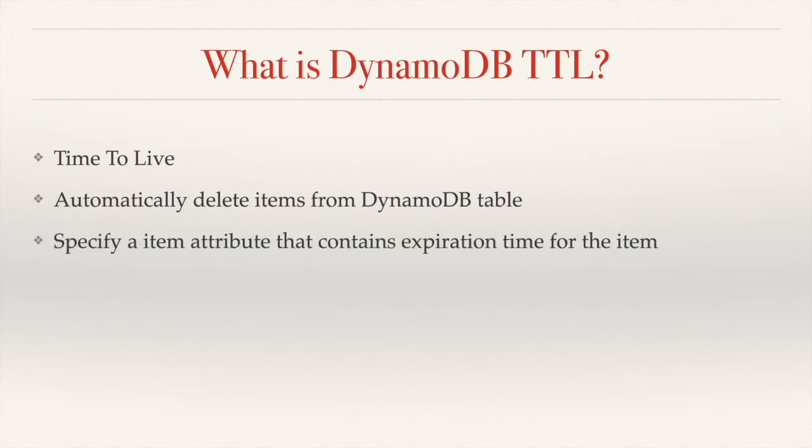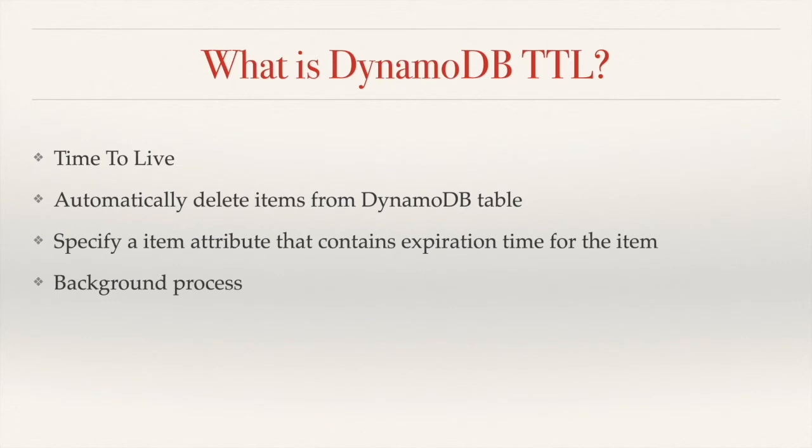For that, you have to specify an item attribute that contains the expiration time for that item. So you have to specify at which time you want to delete that particular item from your table. You can set that expiration time in one attribute of your table.